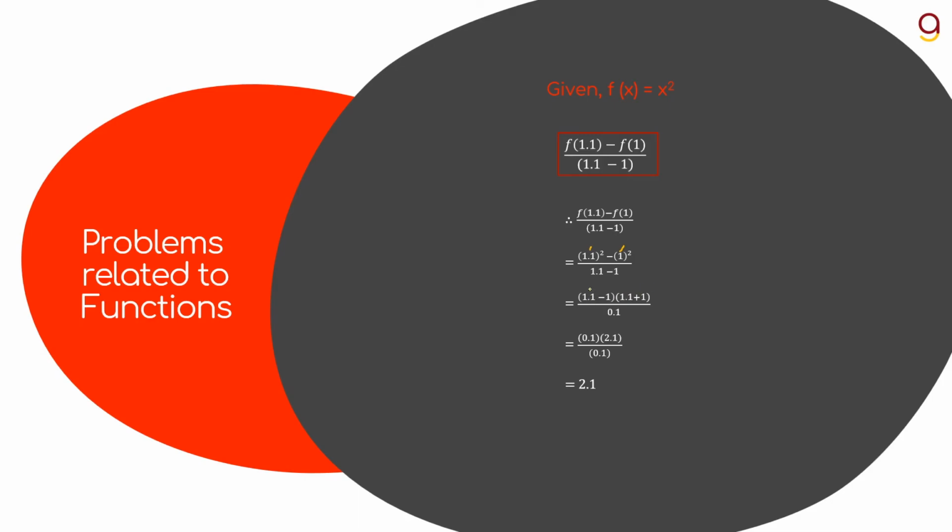Yes, so 1.1 minus 1 will give me 0.1, and 1.1 plus 1 will give 2.1. Now on multiplying the numerator, we'll have 0.1 times 2.1. In the denominator we have 0.1, but what we can do is we can just cancel this out. So we have our final solution as 2.1.